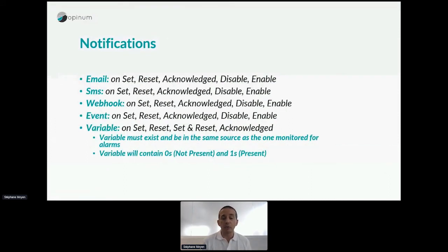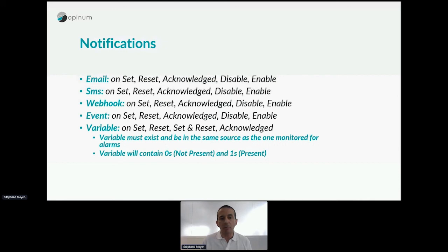And you can also store the result of the alarm states in a variable. The variable must already exist when you set up your notification, if you want to do that, and it has to be in the same source as the one you monitor for alarms. And the variable will contain zeros for the not present state and ones for the present state.